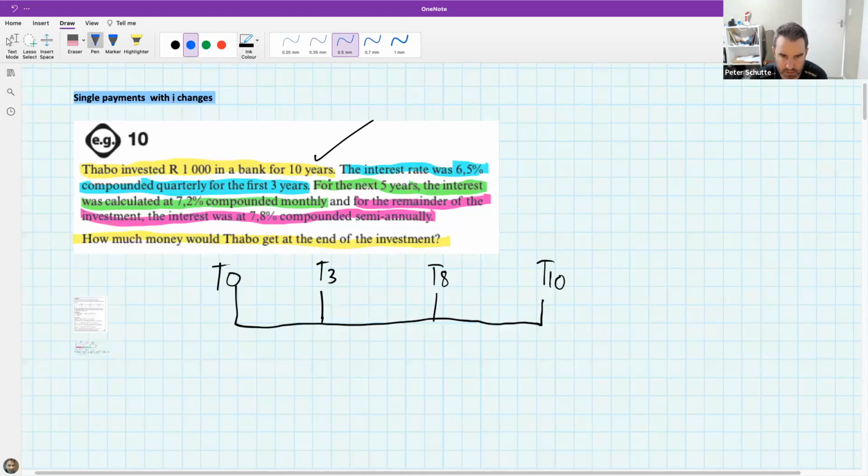Let's look at the interest rate. Between T0 and T3, I'm going to put a squiggle. And I'm going to say the interest rate in this time period was 0.065, but I'm not going to leave it at that. What do I need to do to this interest rate to make it match what's going on in the question? It's not a 6.5% per year interest rate. It's 6.5% compounded quarterly.